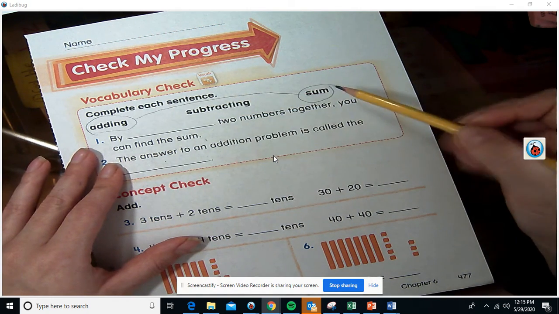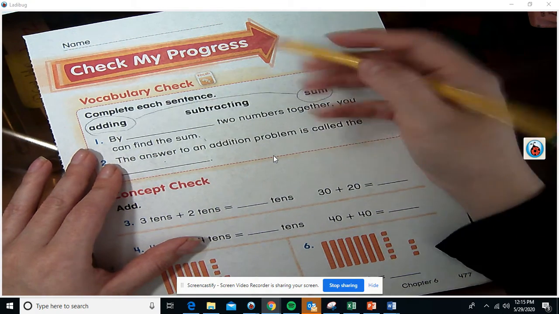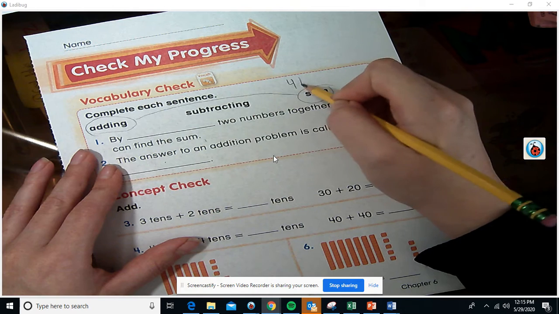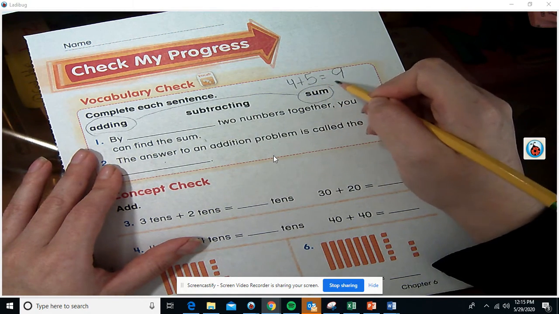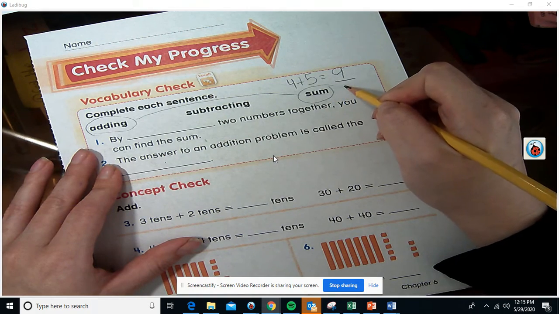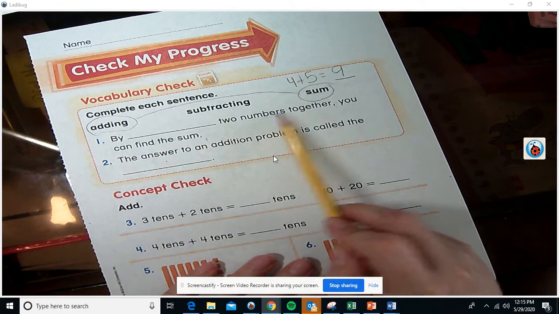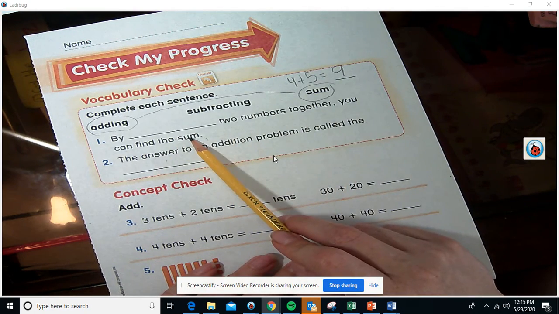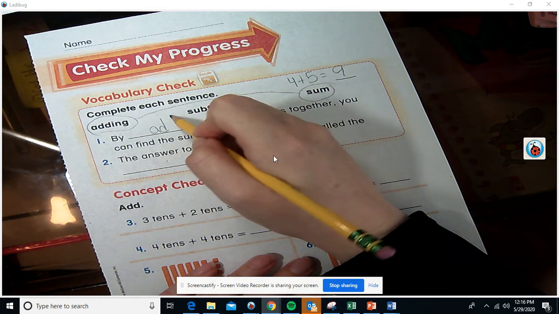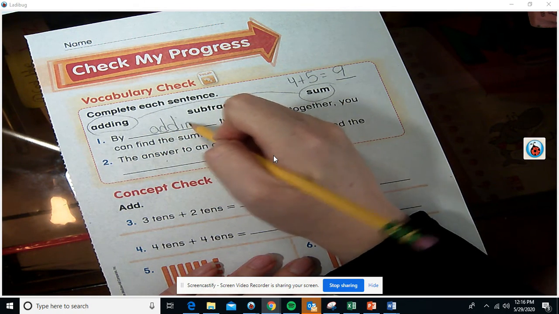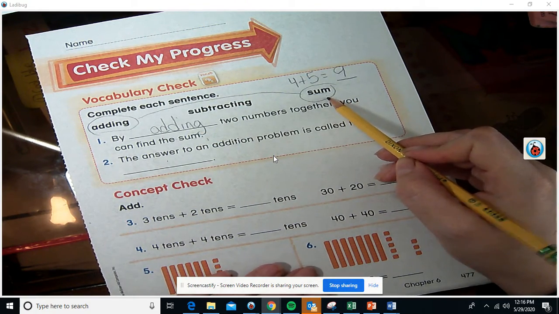When we add two numbers together, we find the sum. So if I add 4 plus 5, the sum is 9. Okay? So by blank two numbers together, you can find the sum. By adding two numbers together, we can find the sum.